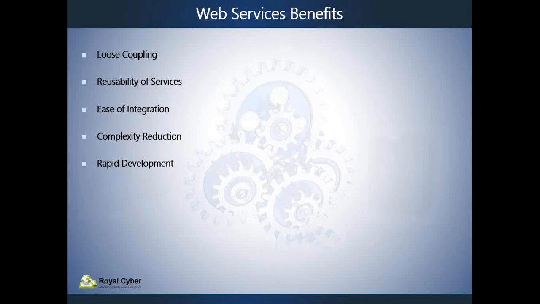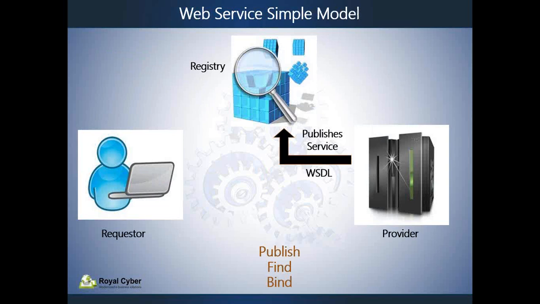So basically, this is how a generic web service works. We have a provider who publishes the web service at a registry. The definition part, basically input, output, or the interface of the web service, is defined via WSDL, and the service is published via UDDI. And the requester basically finds the web service.